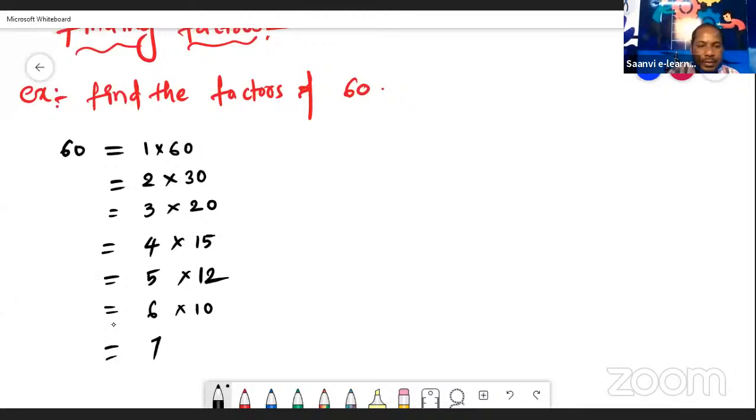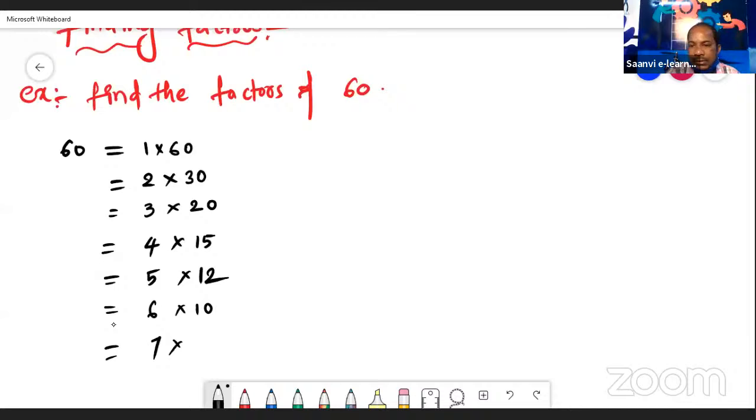7. Does 7 divide the number 60? Check once. Recall the 7 table: 7 1s are 7, 7 2s are 14, 7 3s are 21, 7 4s are 28, 7 5s are 35, 7 6s are 42, 7 8s are 56, 7 9s are 63.